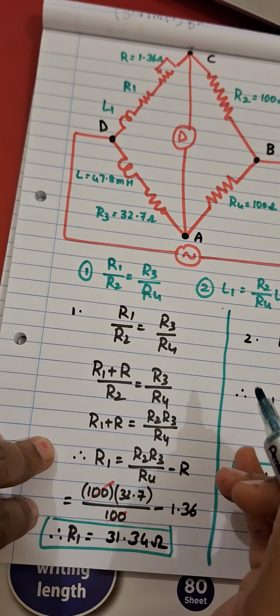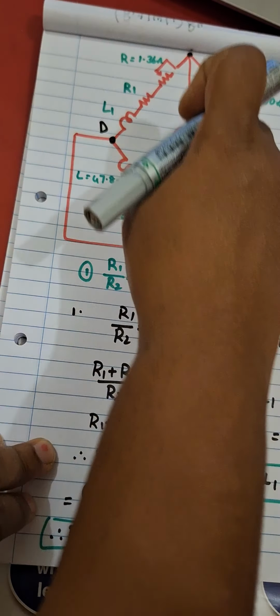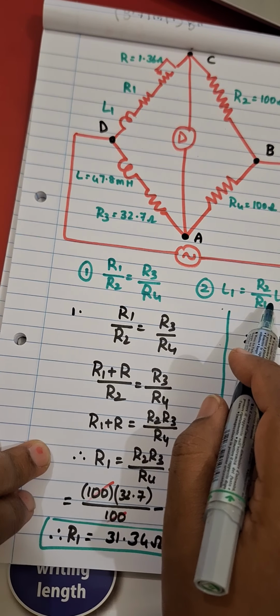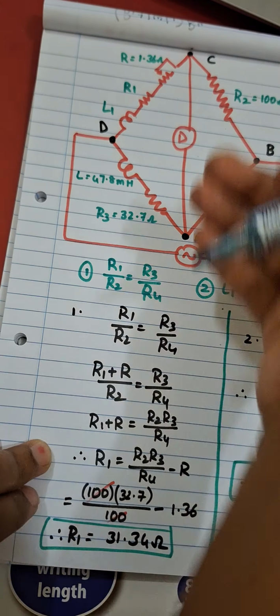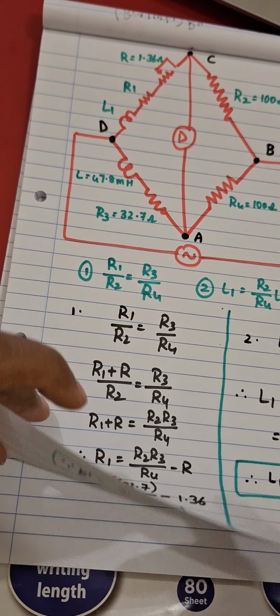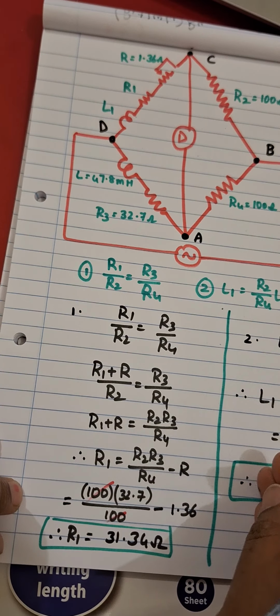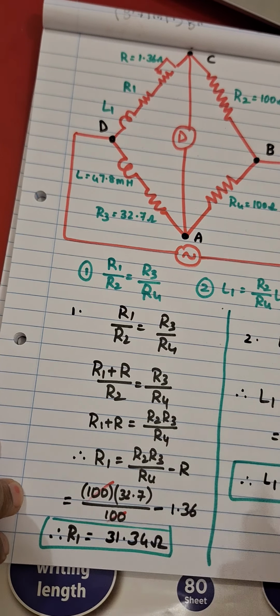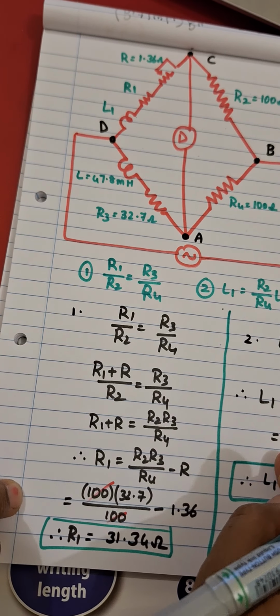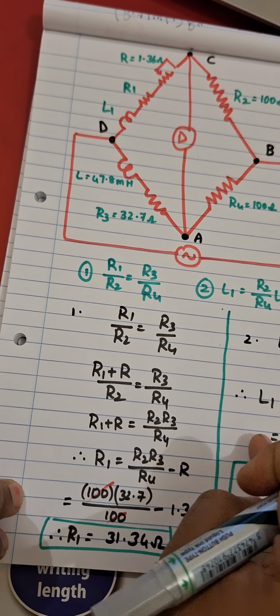In the same way, if you remember these formulas, if a theory question is given, the final answer will be perfect. If a problem is given, the overall problem will be perfect. If you don't know how to derive, you will lose little marks but not the major marks. That's the reason I am saying again, memorize the formulas. Clear? So this is a problem on Maxwell's bridge method. Perfect.